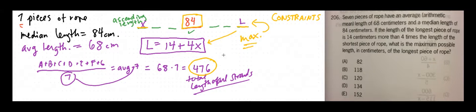Well, the way you maximize this is you minimize all other pieces. Because they've got a total, if you make every other piece as small as possible, then that'll allow the largest to be as large as possible. And how would you do that?